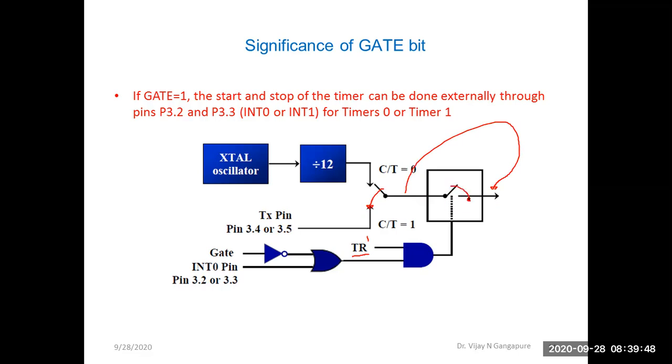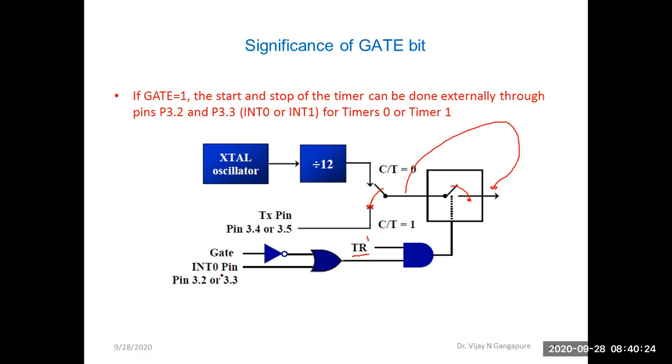This AND gate is controlled by the output of another AND gate, which is controlled by the TR bit. The other input is from the output of this OR gate, whose inputs are the gate bit from TMOD and the INT0 pin in case of timer 0, or the INT1 pin in case of timer 1.